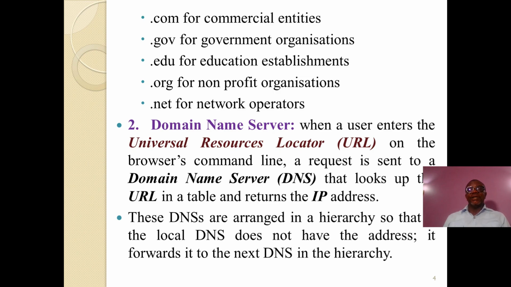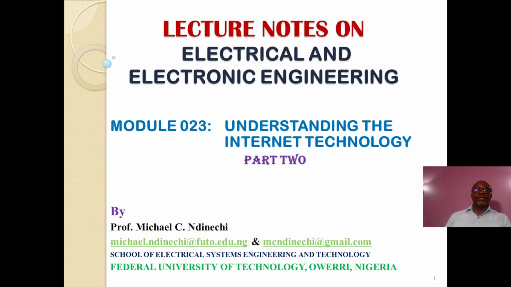For instance, if you look at page 1 up, you see that my email says michael.ndinechi@futo.edu.ng, meaning that I am from a recognized educational institution, and that is why my email bears .edu.